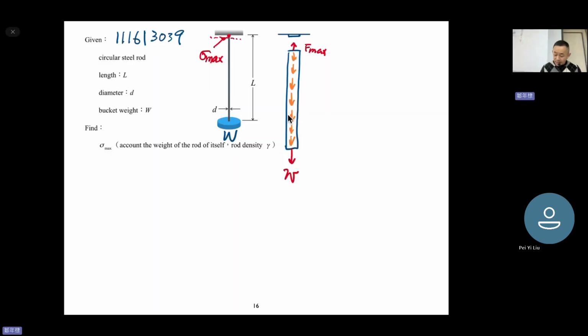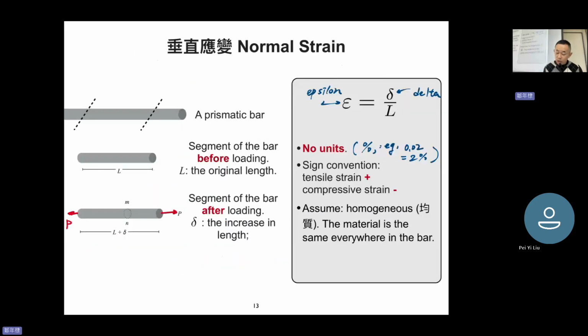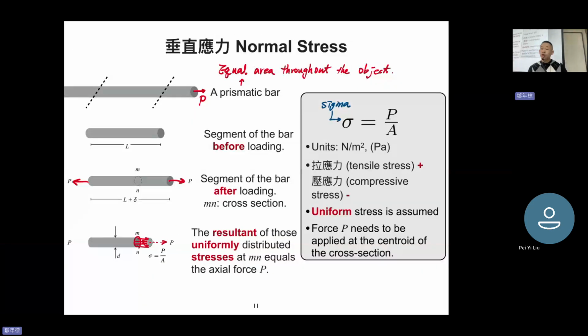Okay, yesterday we talked about the definition of the stress. And then we noticed that we need to capture the segment of a bar.